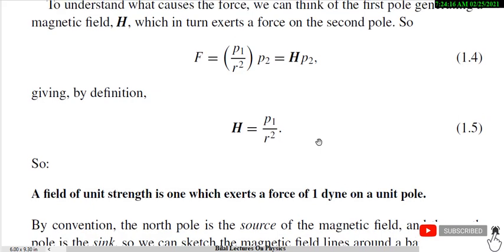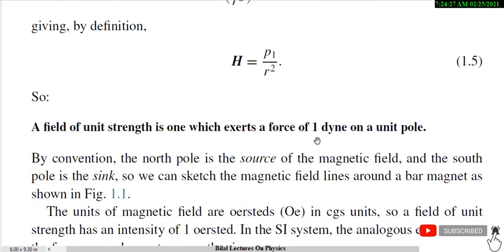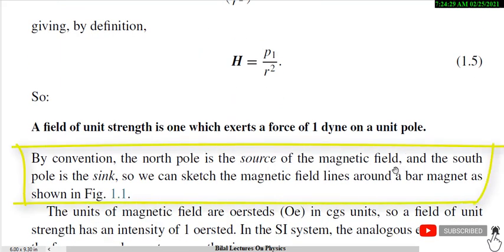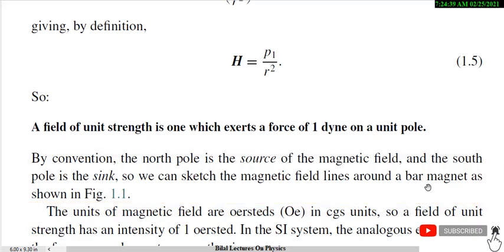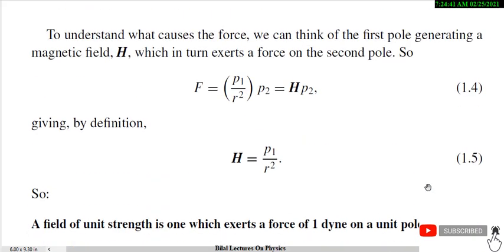By convention, the north pole is the source of the magnetic field, and the south pole is a sink, that is, it receives the magnetic field lines. So we can sketch the magnetic field lines around a bar magnet as shown in the figure here.